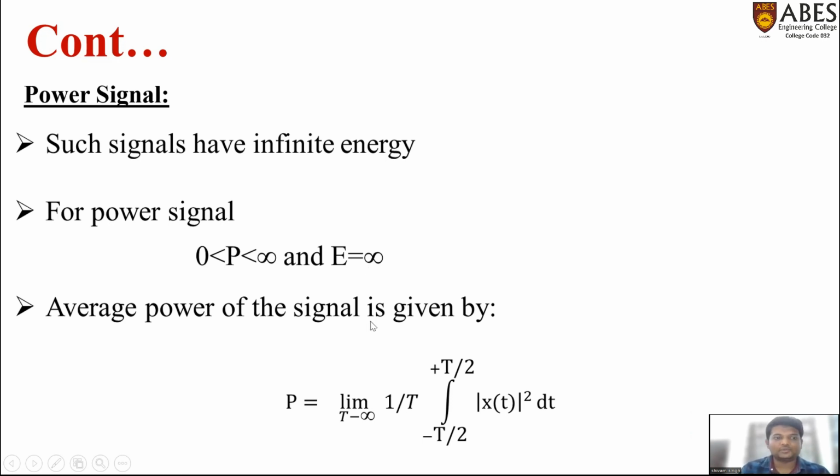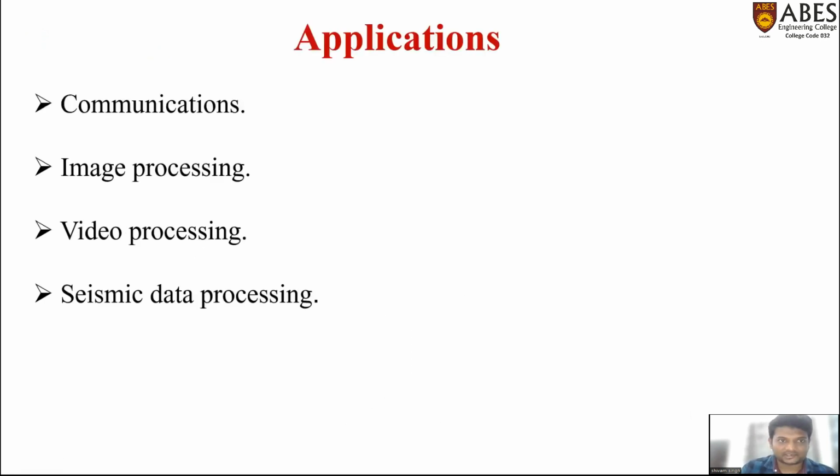And if you want to calculate the average power, it is calculated with the formula 1 by T, where T is the period of the signal, and the limits go from minus T by 2 to T by 2, of the mod square of the same x of t function. In this way, you can get the average power of the signal.